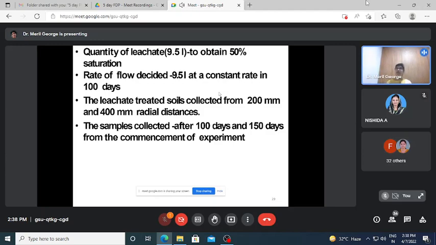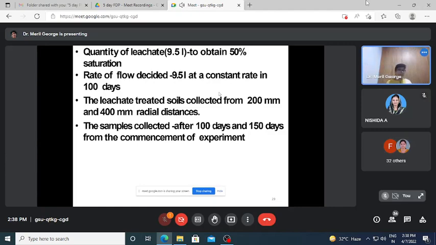Such that I calculated the quantity of leachate and the rate of flow. It was decided to transfer the entire leachate to the soil at a constant rate over 100 days. So by 100 days, this 9.5 liters of leachate will be transferred to the soil.